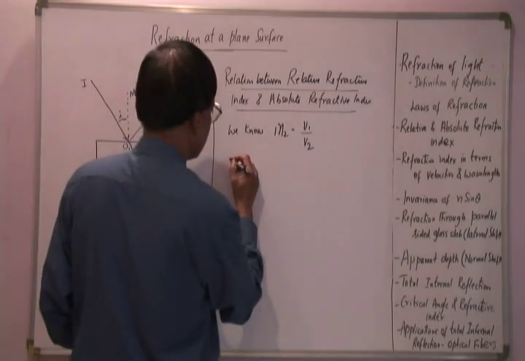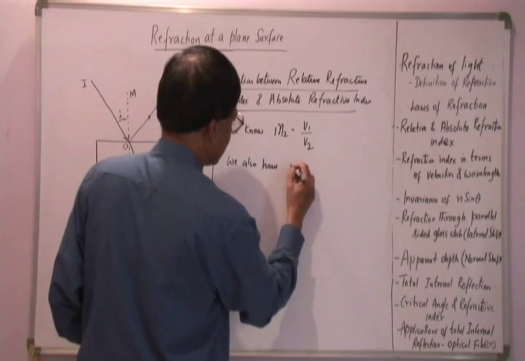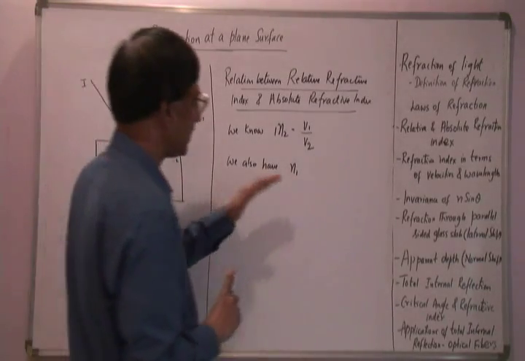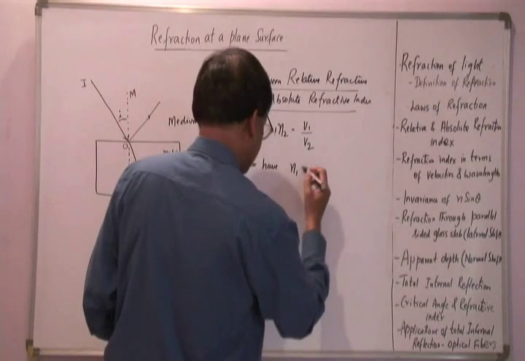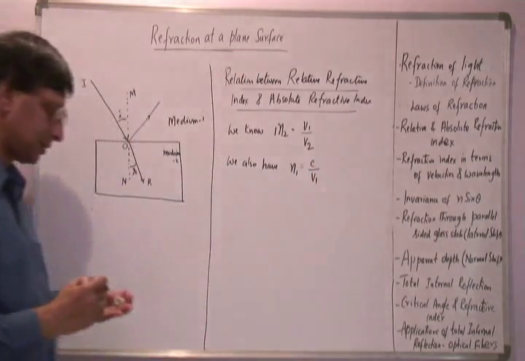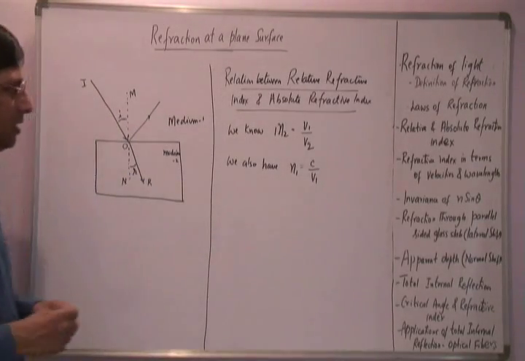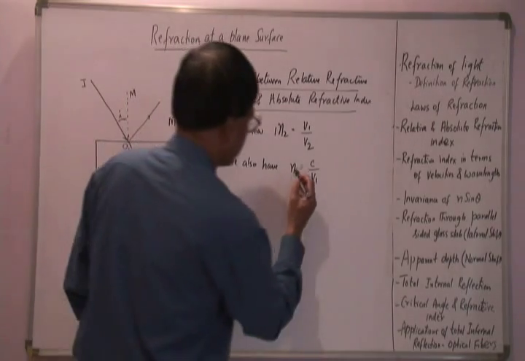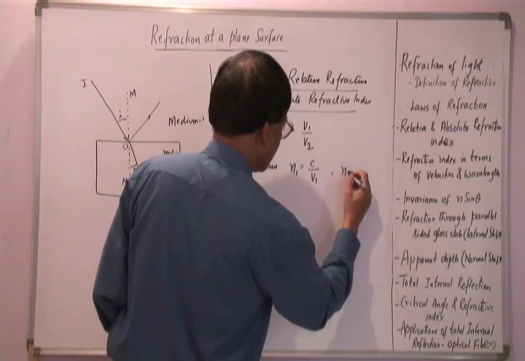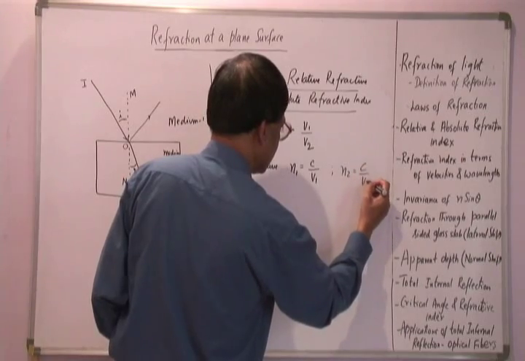We also have n1, the absolute refractive index of medium 1, given by C divided by V1, where V1 is the velocity of light in optical medium 1, and n2 is equal to C divided by V2.